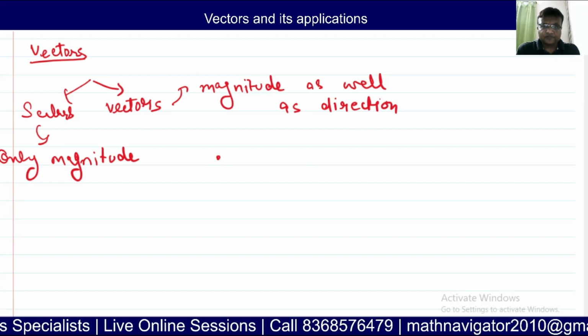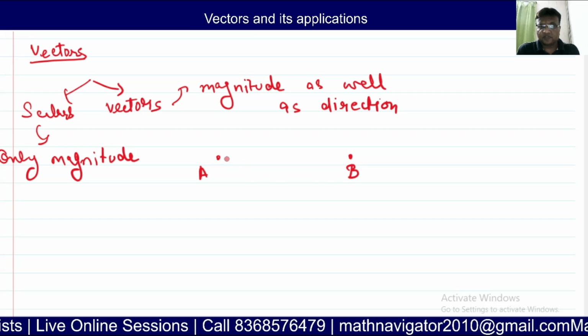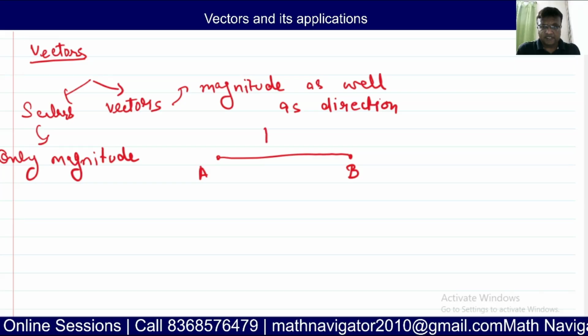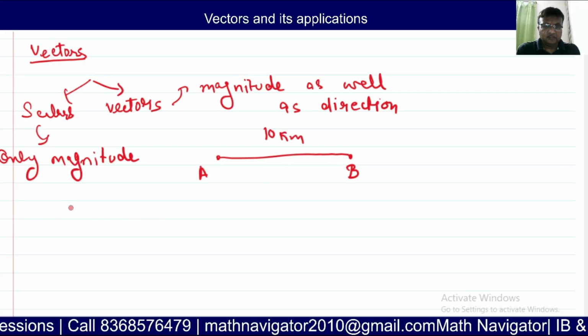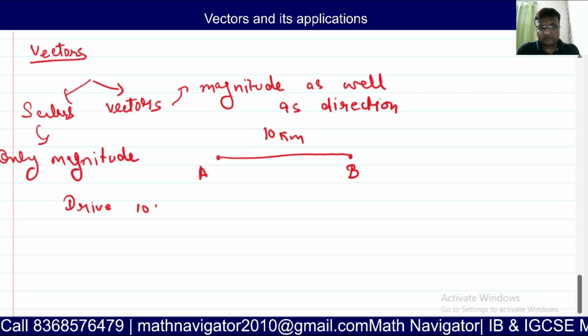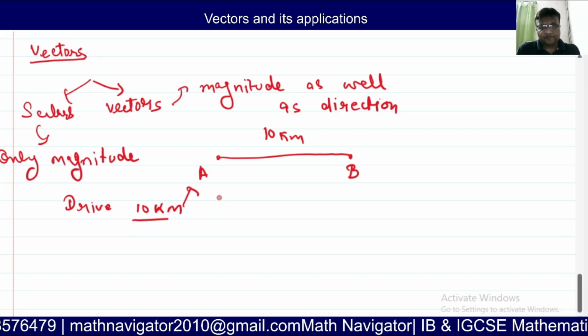So let's say this is your house and this is your school, right? Let's say it is 10 kilometers. So if I'm saying drive 10 kilometers, this 10 kilometers represents magnitude.